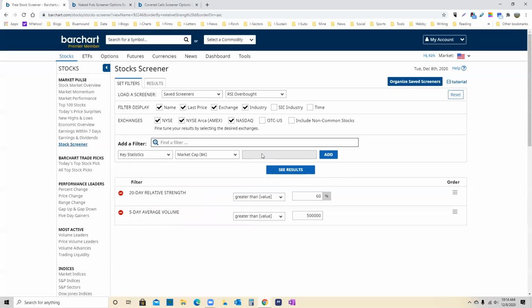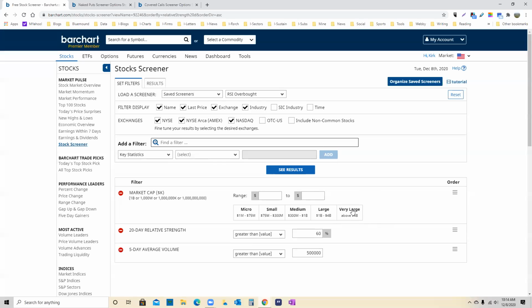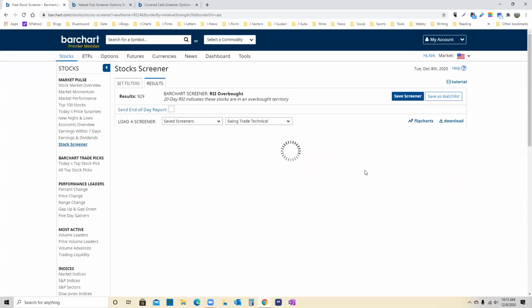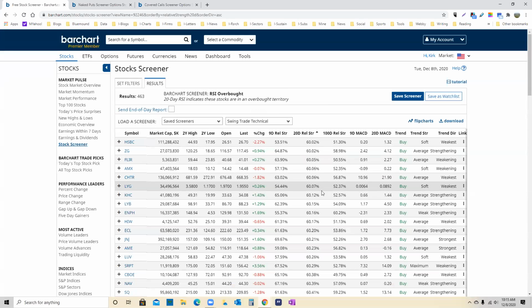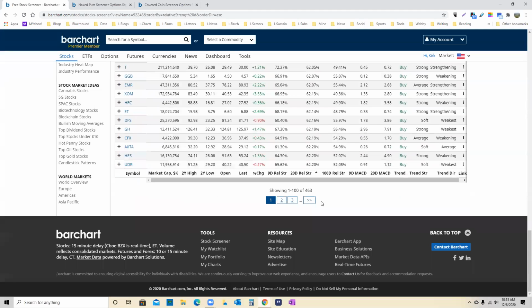Haven't used this in a while, and now I forgot how to do it. Oh, there we go. So above $4 billion. All right, so we add the market cap, say above $4 billion. That's going to get all of your S&P 500 stocks and then some. Flip on the screen results, and you're seeing that almost every stock over $4 billion in market cap is either overbought or nearly overbought.